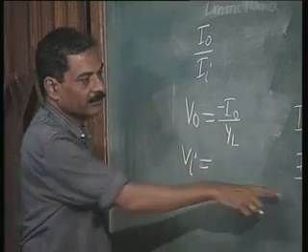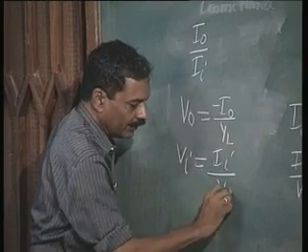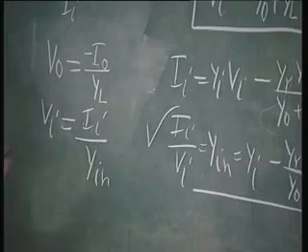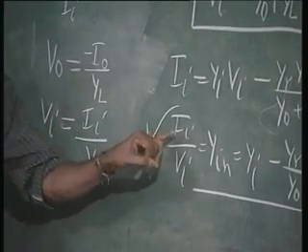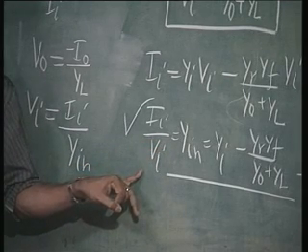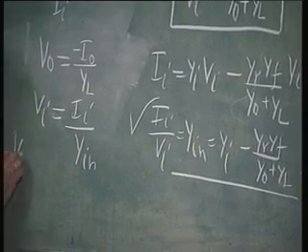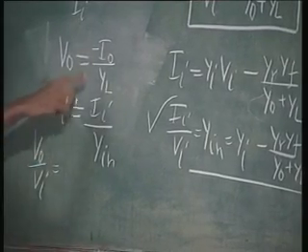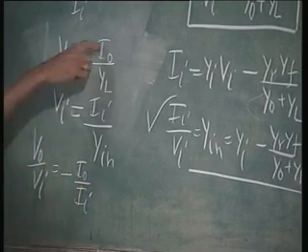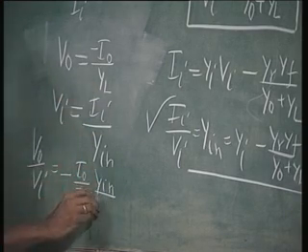Vi equals Ii divided by Y in. From this we have already evaluated this. Vi is equal to Ii divided by Y in. Subsequently therefore we have V naught over Vi is equal to minus I naught over Ii into Y in by YL.